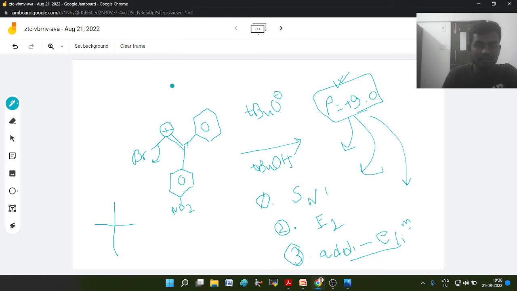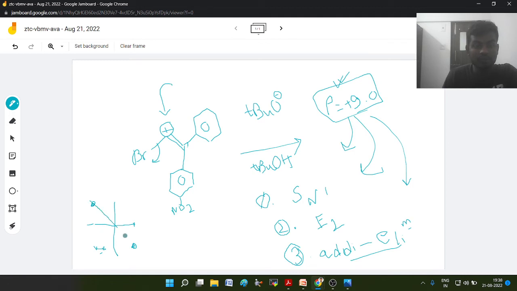So if it is a positive charge SN1 type, then the rho value will actually be negative. In that case, NO2 will have a lower value of log of kx by kh. NO2 will be here, and NH2 group, which has a negative sigma value, will be there, and its rate will be high if it is an SN1.